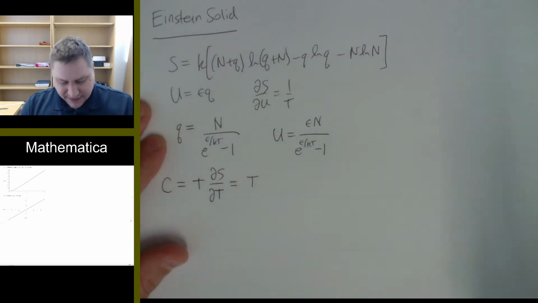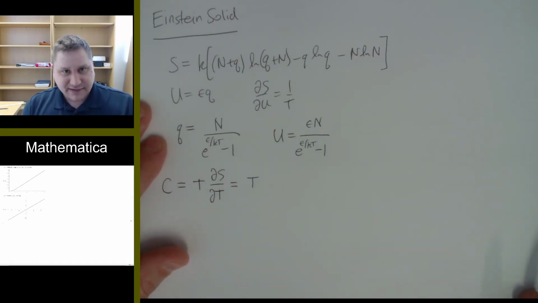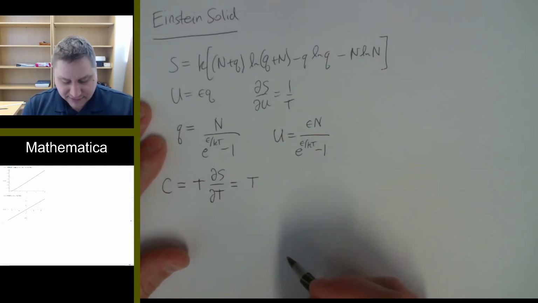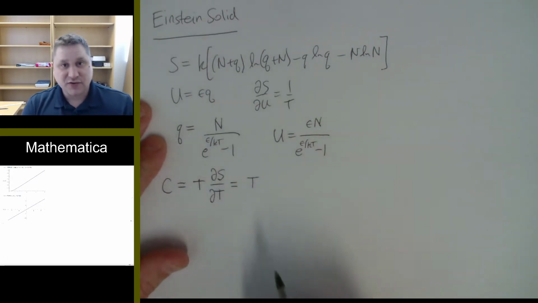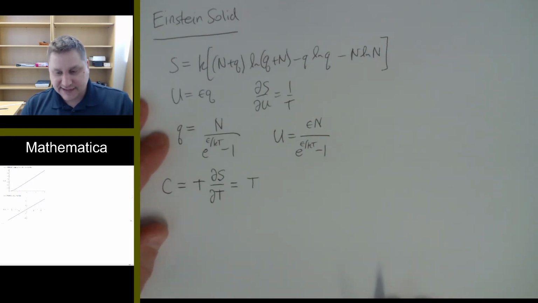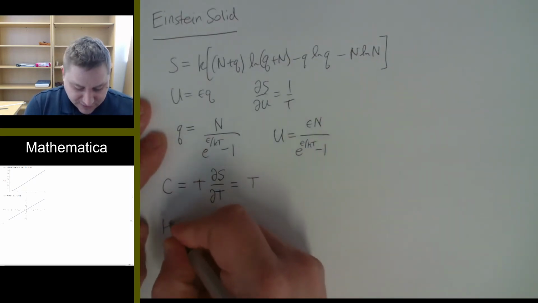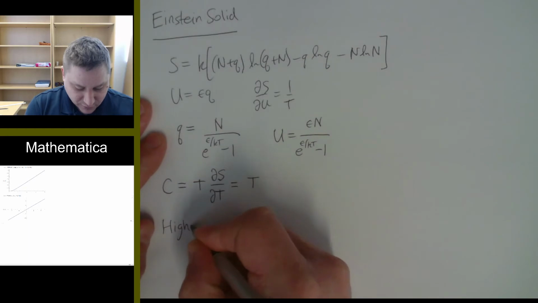I believe that is referenced at some point in the textbook, and it's quite a long calculation. It doesn't really give you a very useful prediction because most solids exist in a state where there are many quanta per oscillator. It's called the high temperature limit, and that's what we are going to make our prediction for.